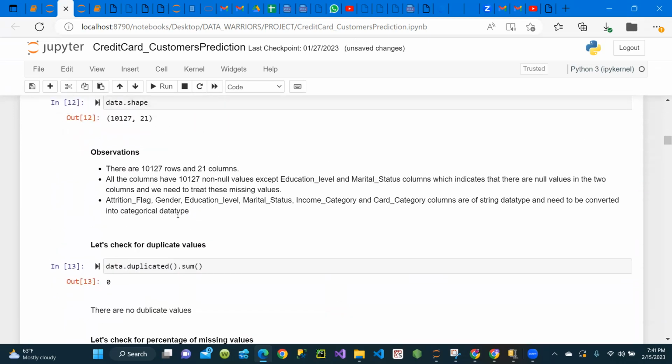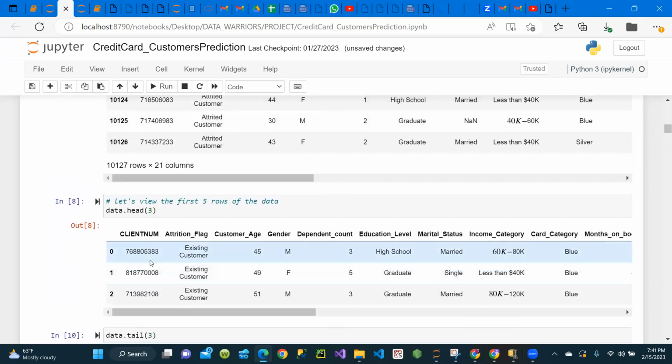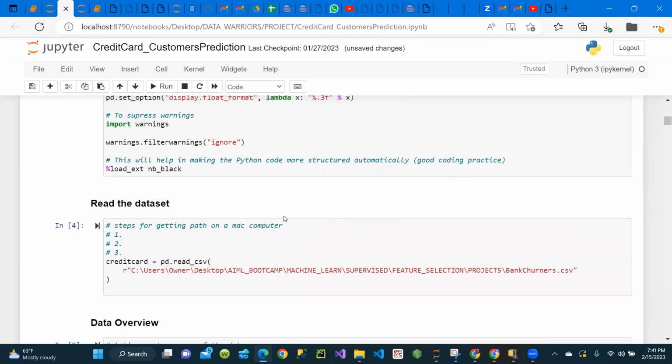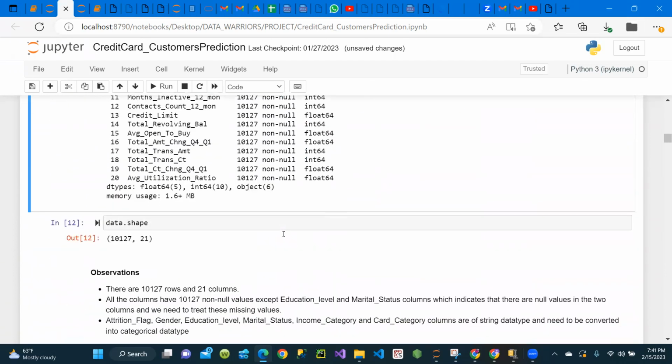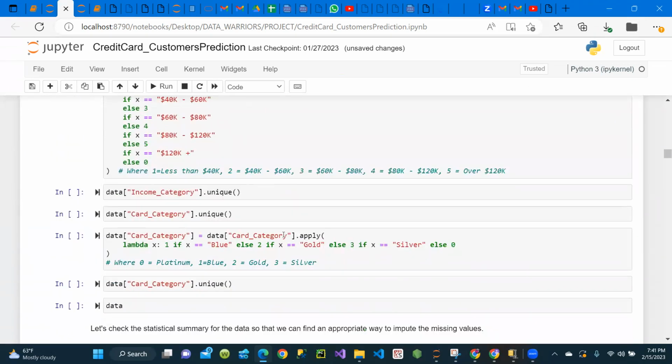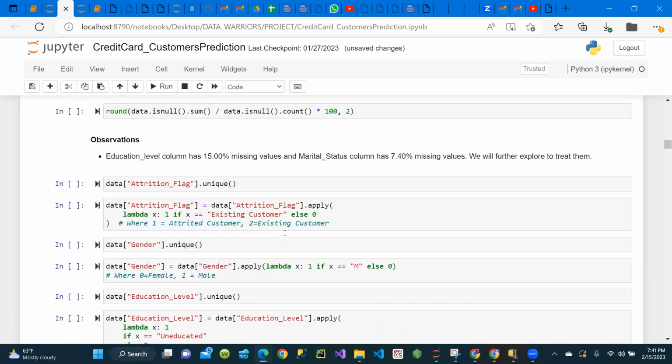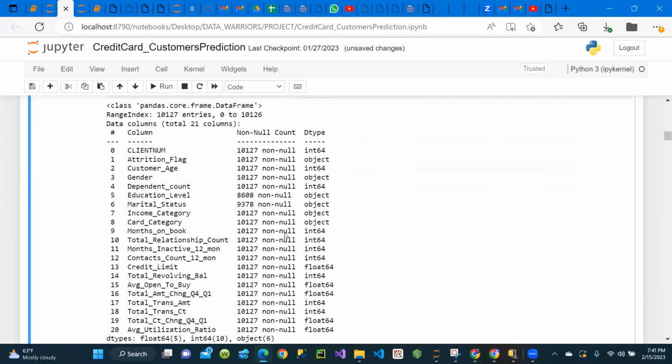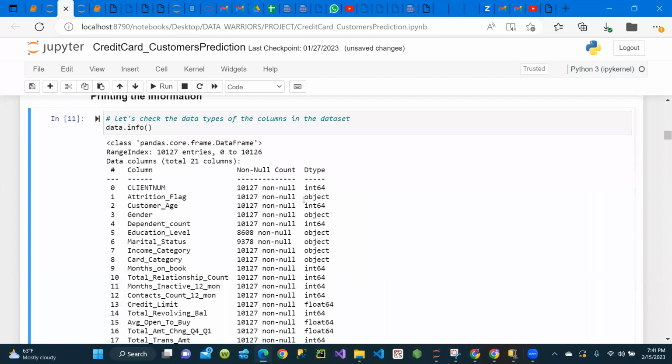When you look at this data, I can still see values here. You see these entries in terms of string? They are captured here as object.